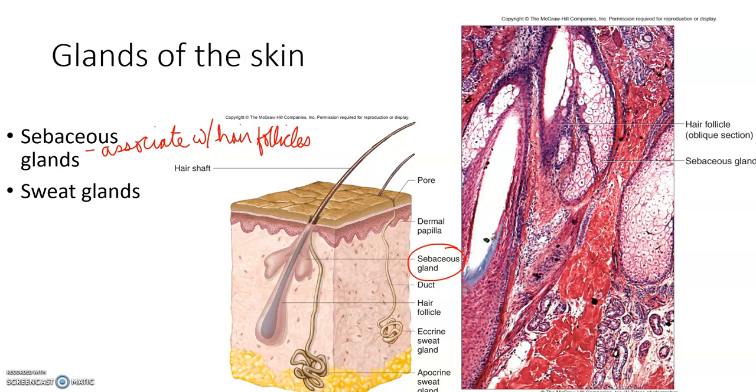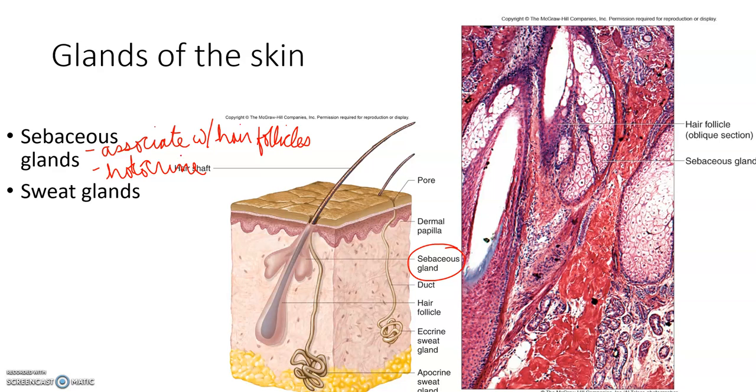These are holocrine glands. Holocrine secretions. If you remember what that means, these cells basically deteriorate and release the entirety of what they once were into the gland itself. Holocrine.